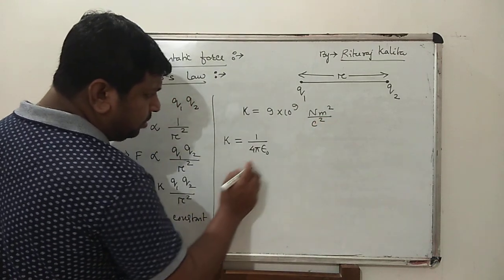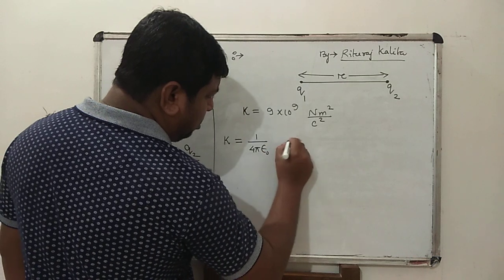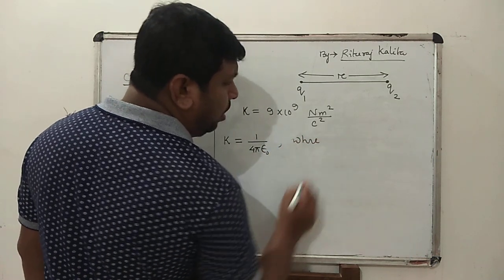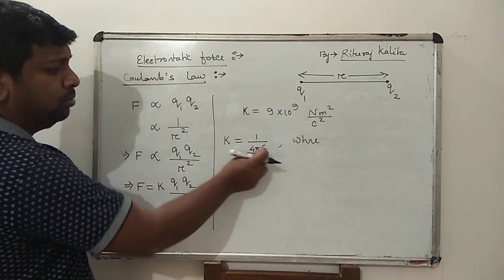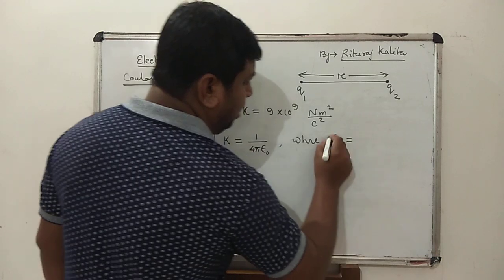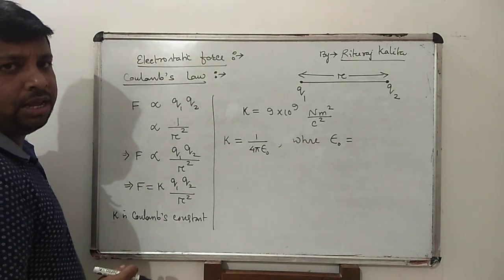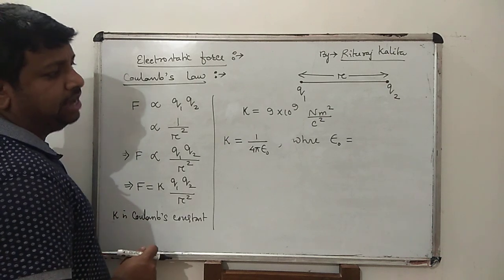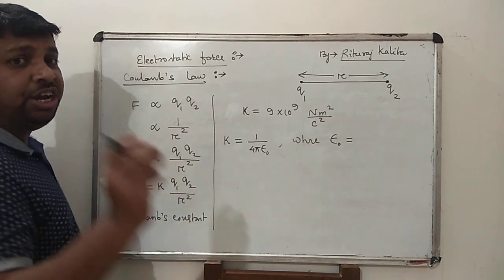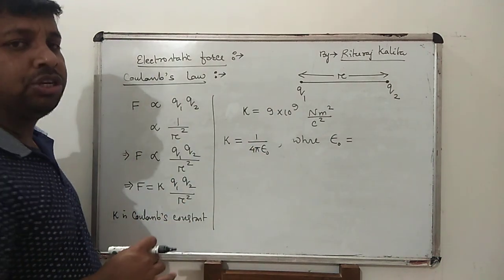Here epsilon naught is the epsilon considered in vacuum, so it is written with the subscript naught.